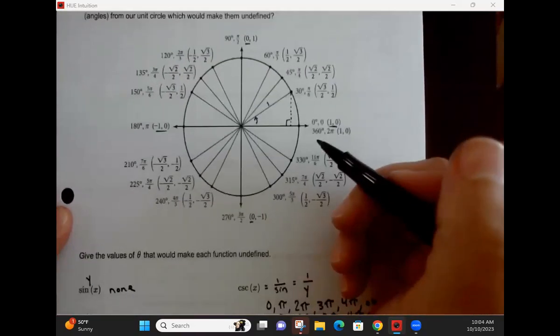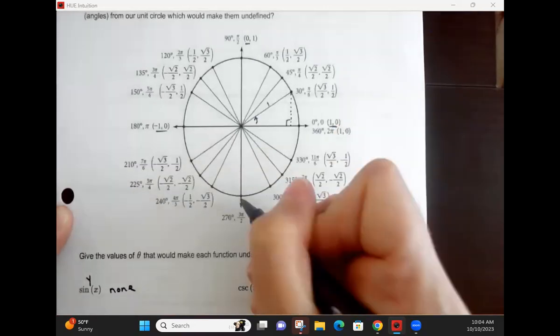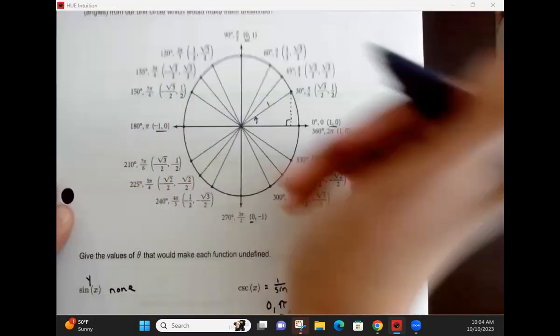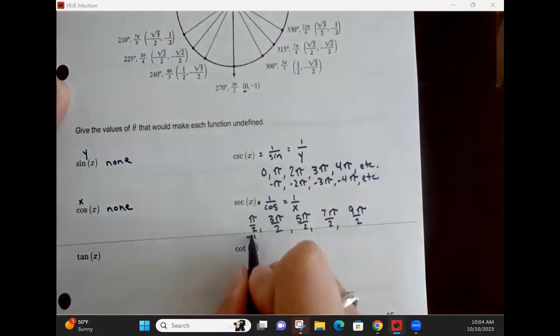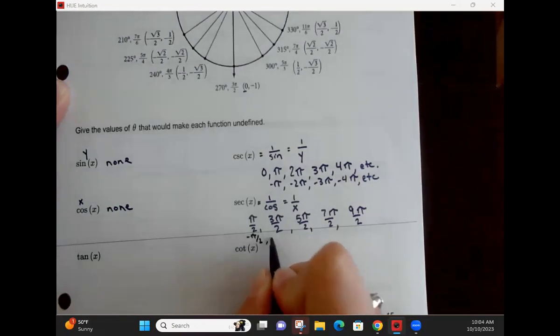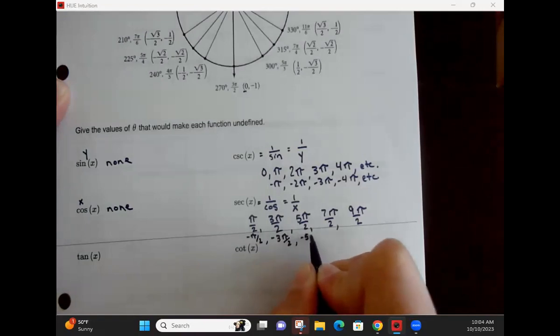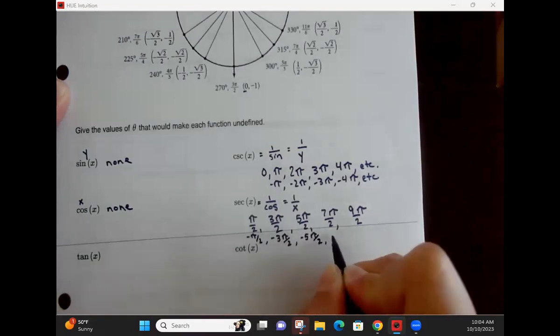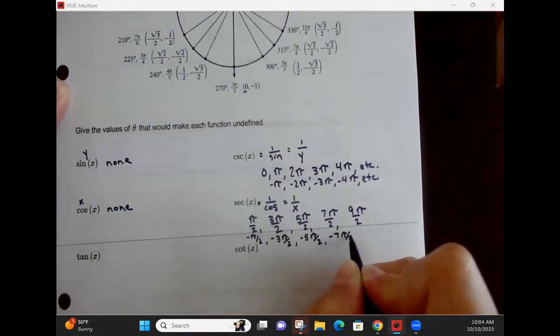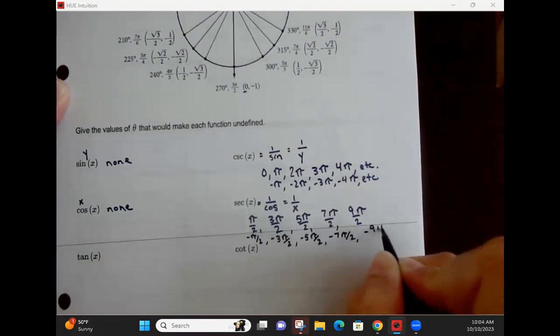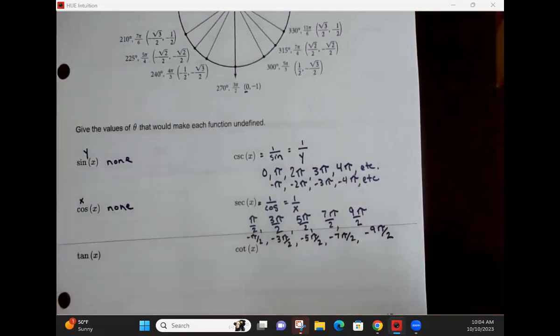We could also have those negative angles: negative pi over 2, negative 3 pi over 2, negative 5 pi over 2, negative 7 pi over 2, negative 9 pi over 2. We can go round and round in a clockwise direction.